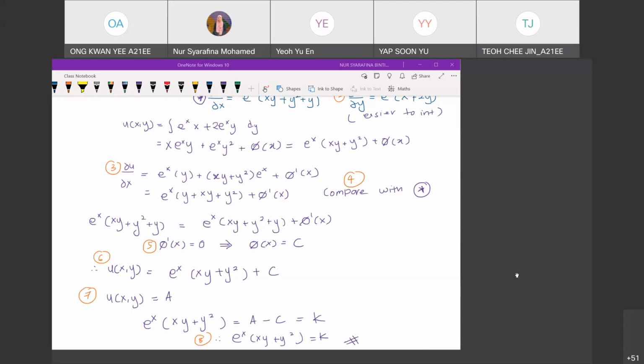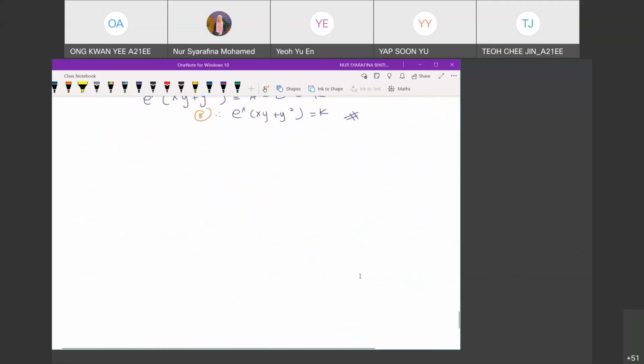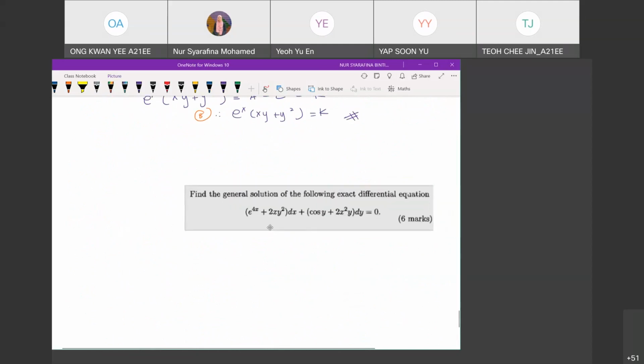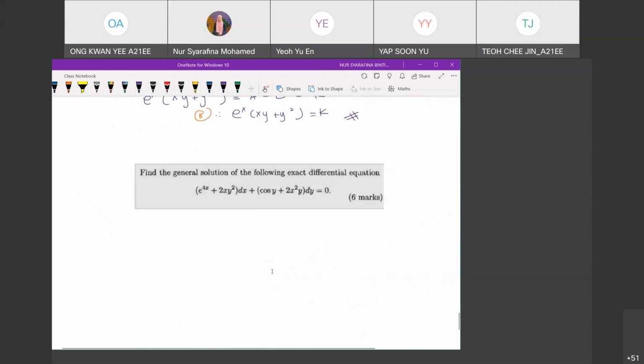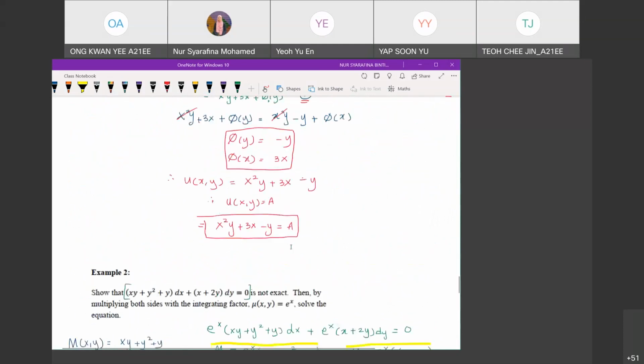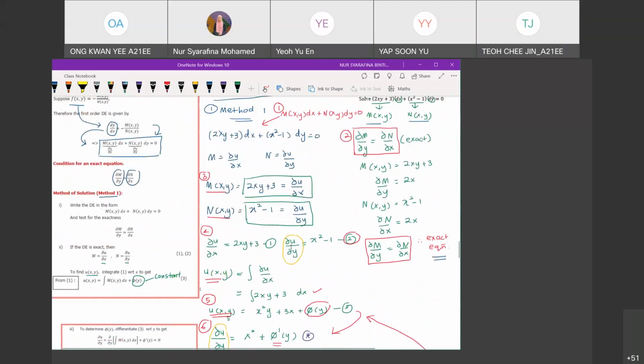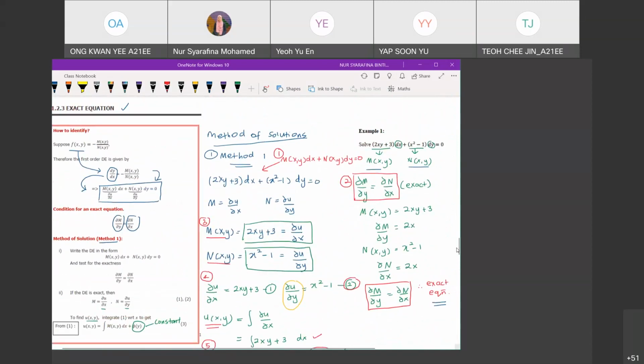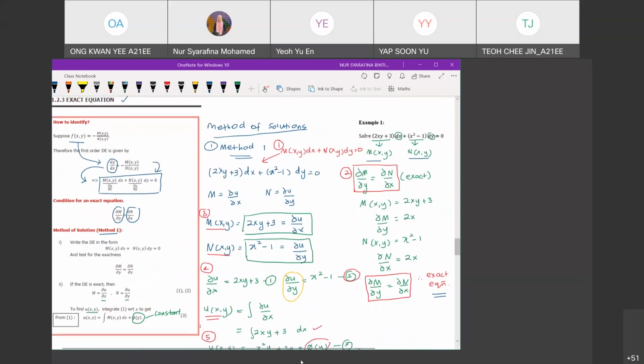Okay, why don't you try the question from past year, the first question here for exact. Or you can just refer this question to your notes, and I'll display the process here, so that you can refer to the notes that we have discussed.